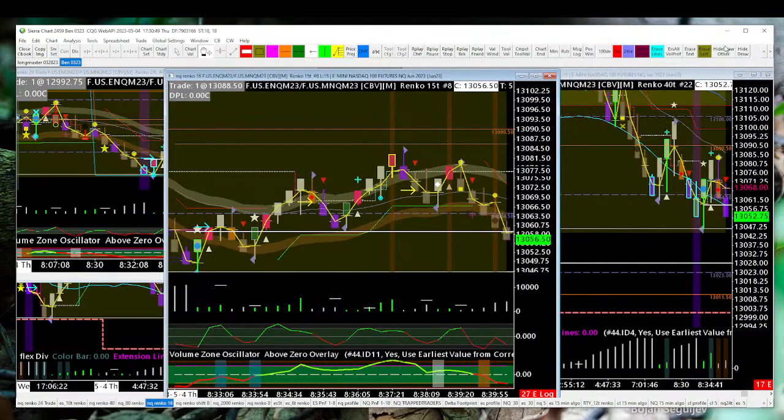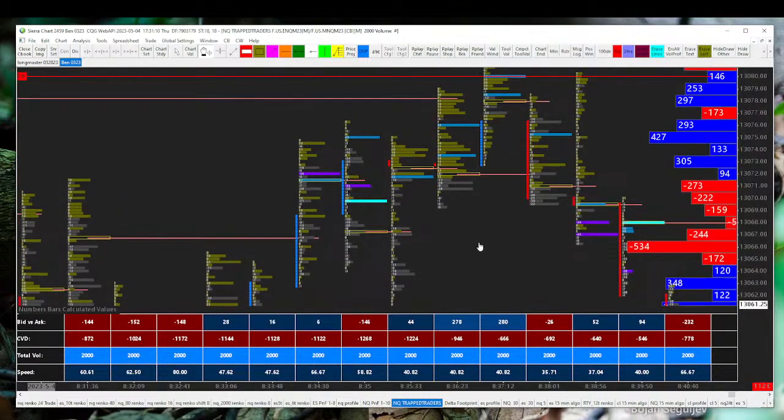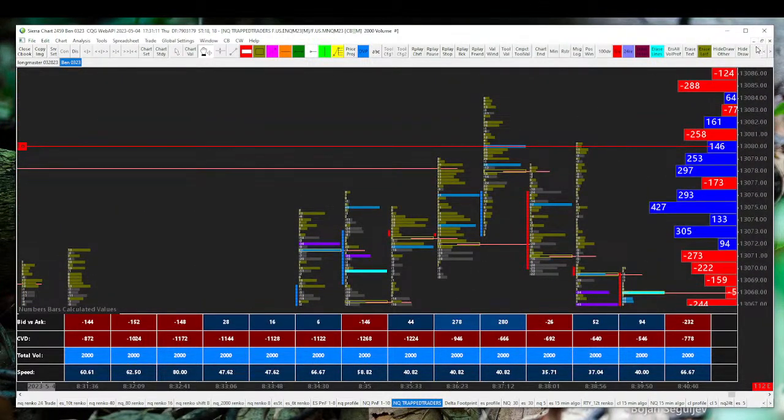Now I can hide some of the drawings and make things a little bit easier to see, but I know it's a lot to look at. I'm not going to dig in and explain what everything means. That's really not the point. But just know that all of these alerts are letting me know when things are occurring on the footprint that we find relevant to looking for trades.